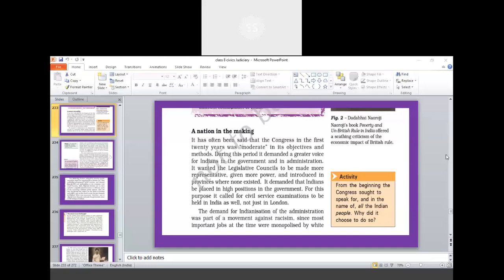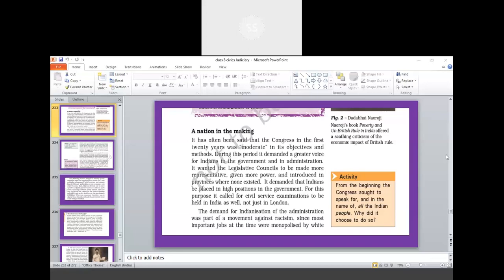So the initial leaders, Dadabhai Nauroji, Firoz Shah Mehta, Badruddin Tyabji, Umesh Chandra Banerjee, Gopal Krishna Gokhale, all these leaders of the Indian National Congress were labeled as moderates.